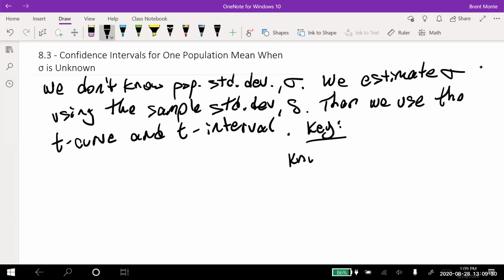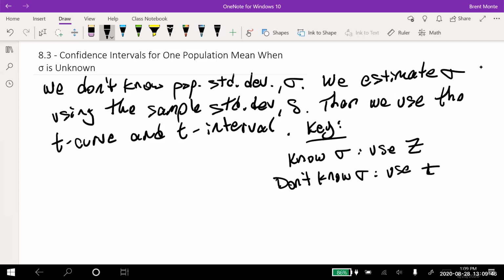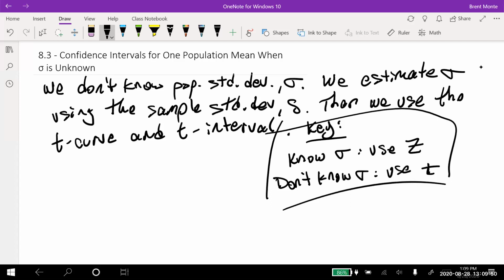And so here's the big key. If we know the population standard deviation sigma, use Z. If we don't know the population standard deviation sigma, use T. That's the big takeaway here. That's the only difference for us as far as when we compute it.